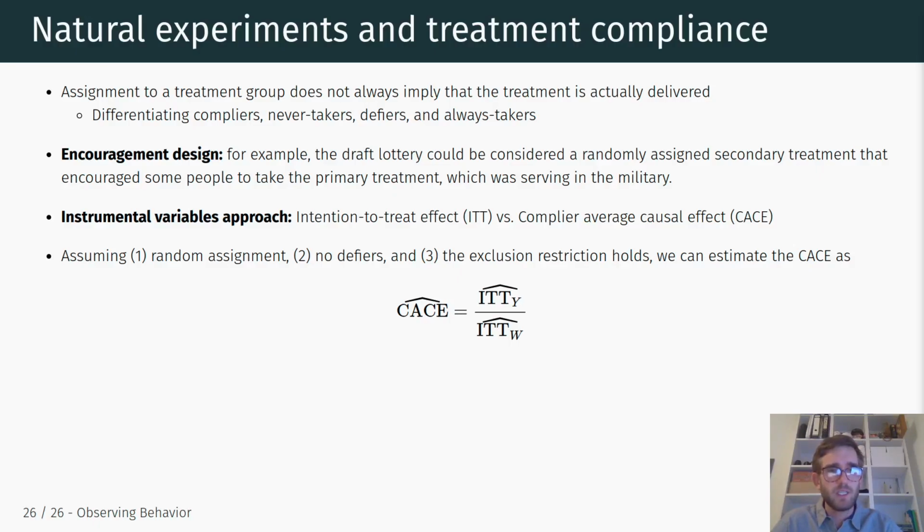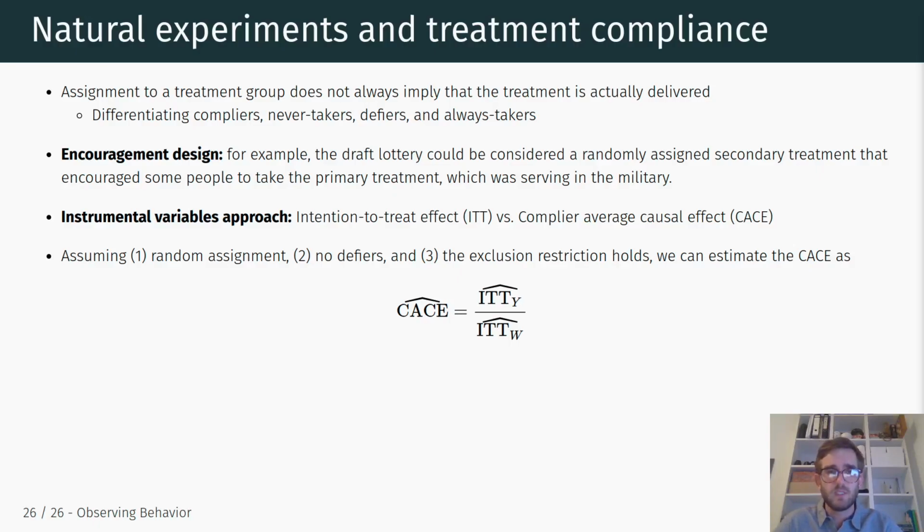We can identify this complier average causal effect, or the local average treatment effect, if we assume that we have perfect random assignment. We have to assume that there are no defiers, so no people who always do the opposite of the treatment assignment, and we have to assume that the exclusion restriction holds, which means that there's no additional mechanism through which the encouragement to take the treatment affects the outcome of interest.